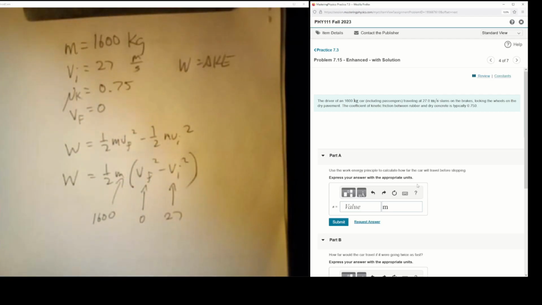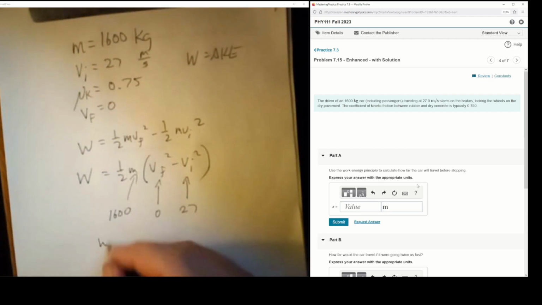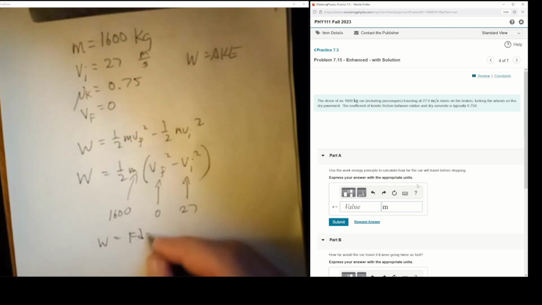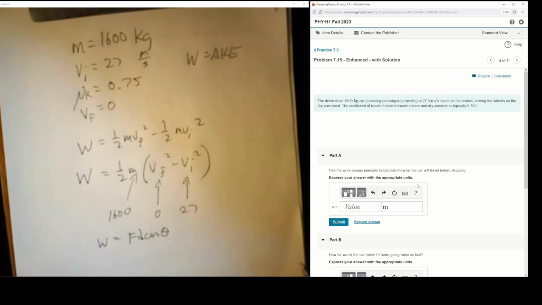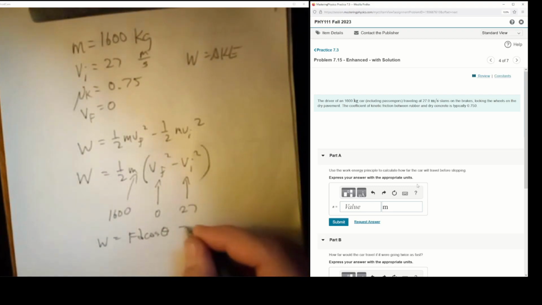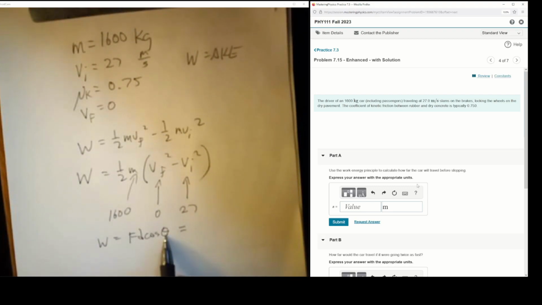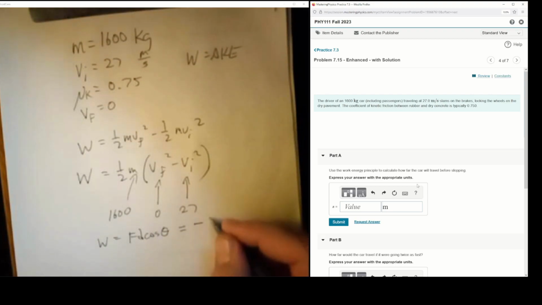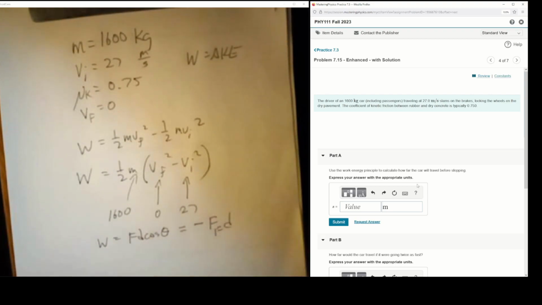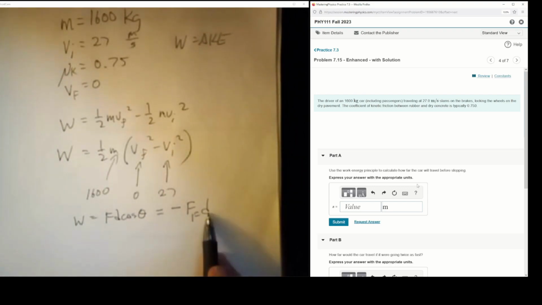We have friction in this problem, and the work from friction is F d cosine theta. Remember, friction opposes motion, and that means the angle will be 180 degrees. Cosine 180 is minus one. We have the force of friction times our displacement. The displacement is what they want us to solve for.